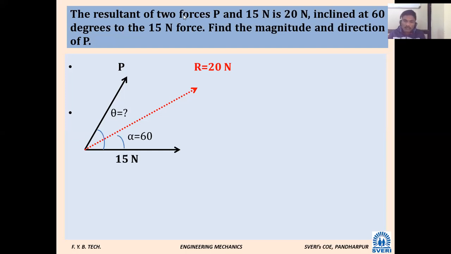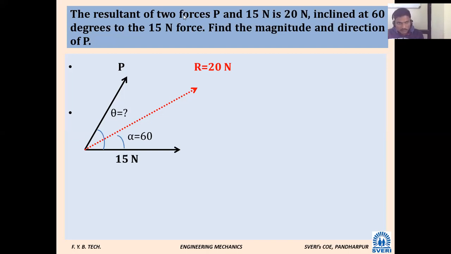In the earlier problems, a number of forces with their inclinations were given, and we were supposed to find the resultant and its direction. But now, if you read this problem, what do you feel?